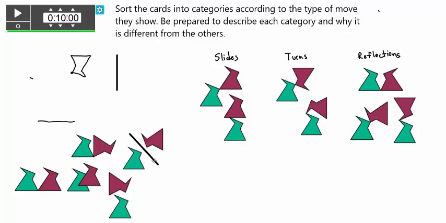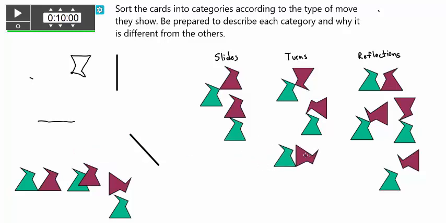Let's see, if I put a line of reflection right there, yep, it's reflecting over that line. This one is rotating clockwise, it looks like, about 90 degrees. So that's turning.